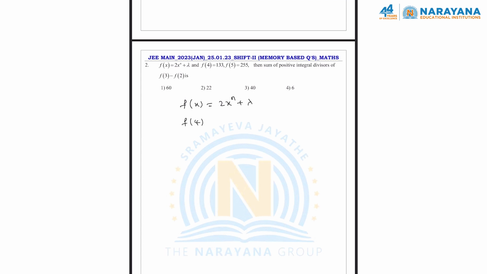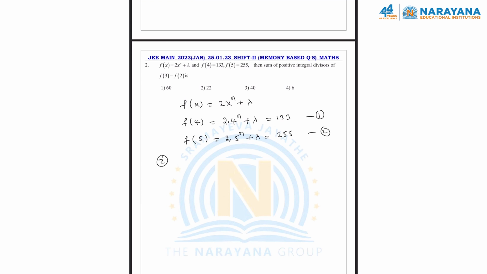Now f of 4, if I substitute, I get 2 times 4 power n plus lambda, which is given as 133. Then f of 5 will be 2 into 5 power n plus lambda, which is given as 255. Let us take these as first equation and second equation.